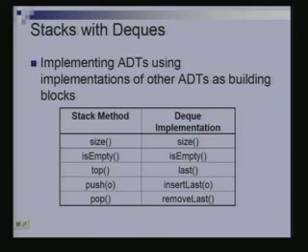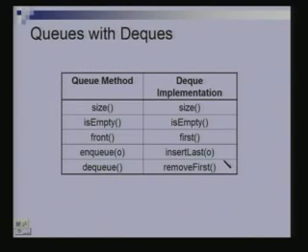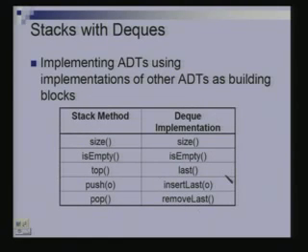Now, a double ended queue is a fairly generic data type. It can be used to implement other data types also. Suppose you had an implementation of a double ended queue, you can use that to make a stack or a queue, and we see how. I can use the methods of this implementation to implement a stack.